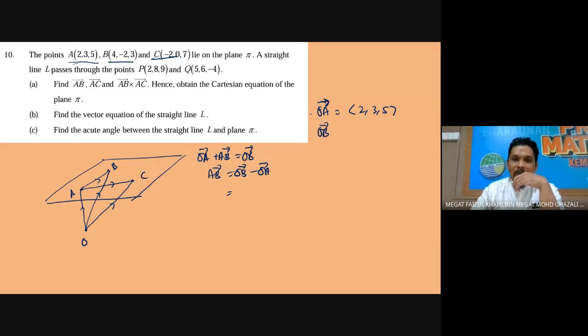OB, the point B minus (0, 0, 0), gives 4i minus 2j plus 3k. And vector OC equals negative 2i plus 0j plus 7k.